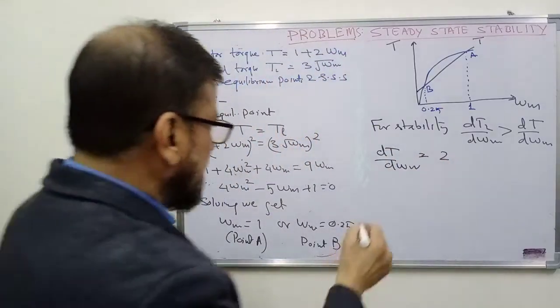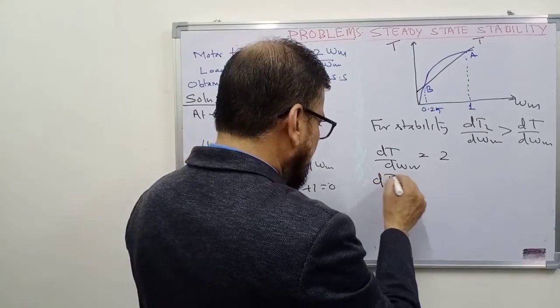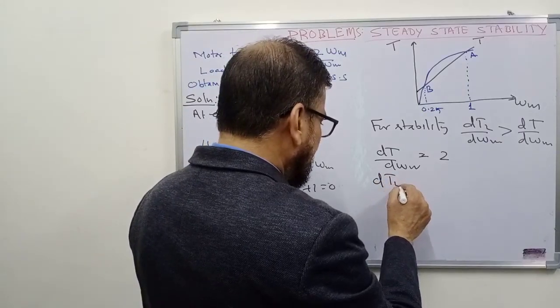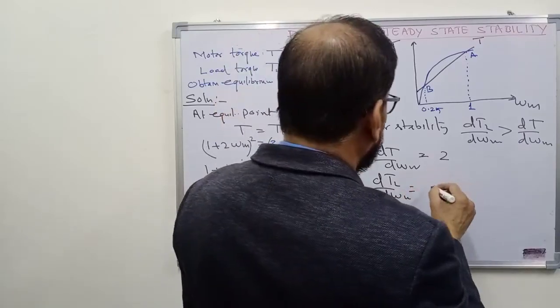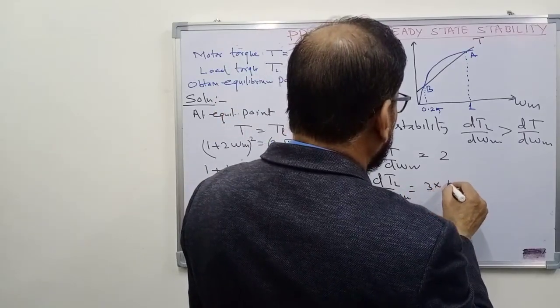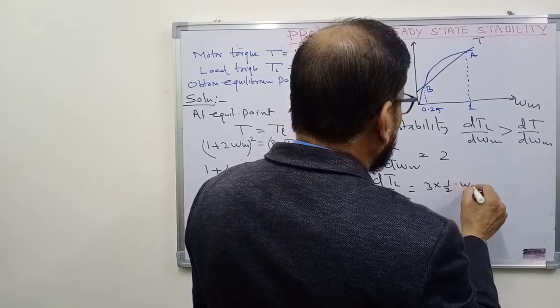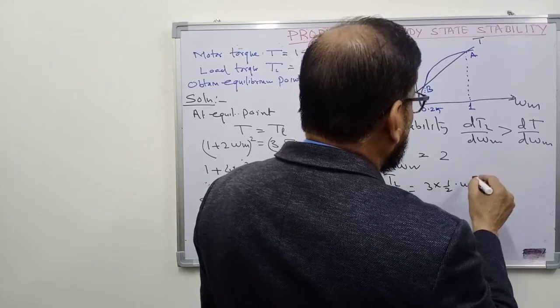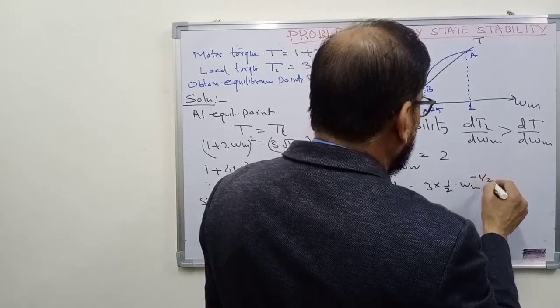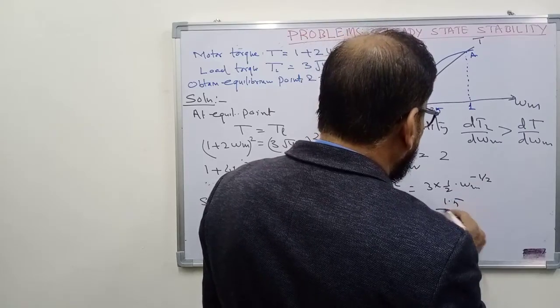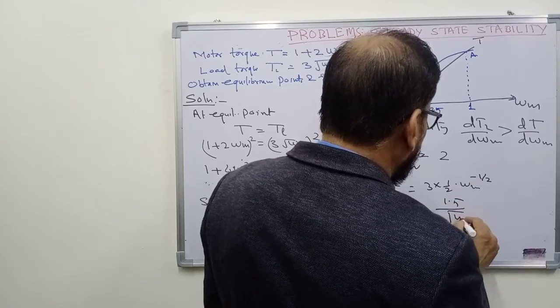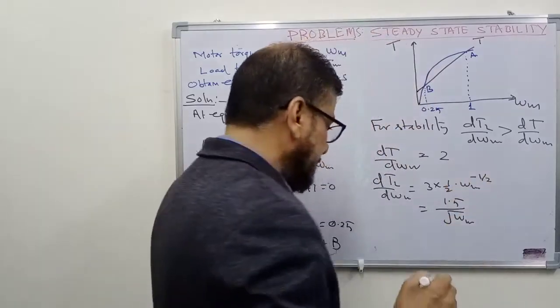And what about dTL upon d omega m? It is equal to 3 into 1 by 2 into omega m to the power 1 by 2 minus 1, that is minus 1 by 2, and you can write it as 1.5 upon square root of omega m.